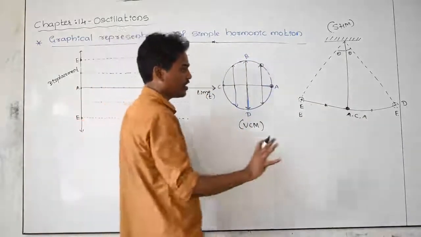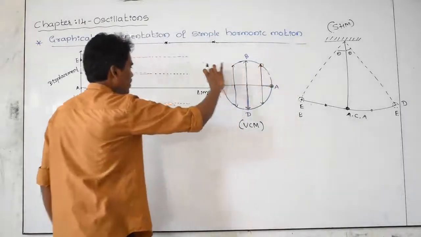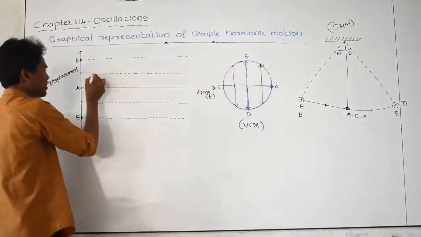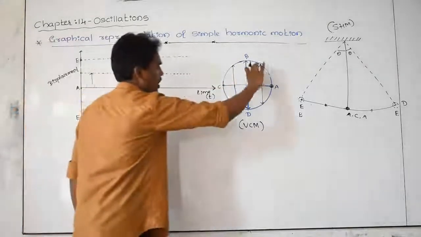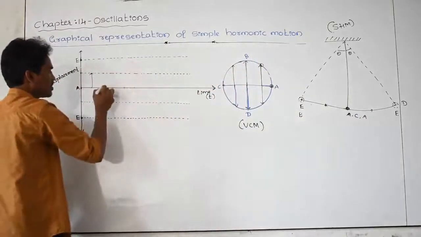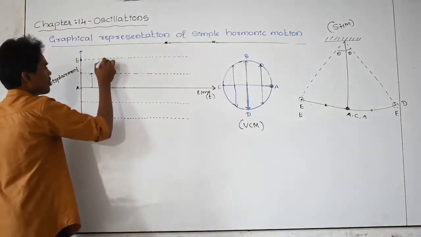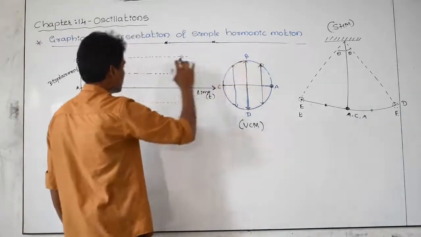And here graphically I am indicating this line. Let us take this is the point, and this magnitude of displacement I am taking here, this is the displacement, and again this magnitude I am taking here.